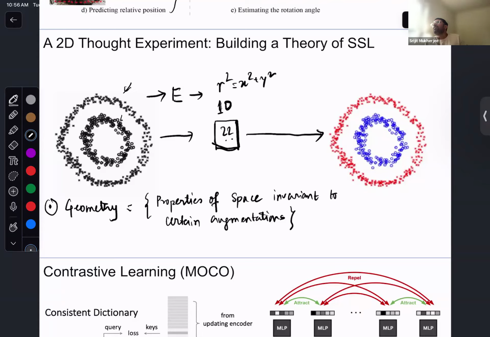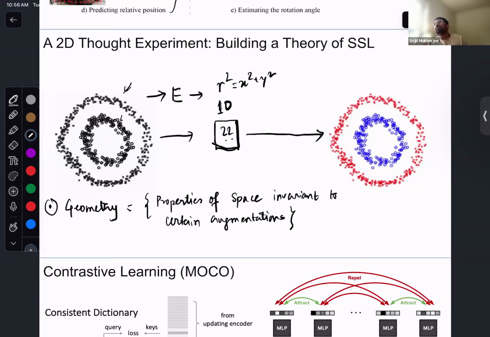For example, the 2D space is invariant to the distance, the distance doesn't change like that. Okay. For example, if you rotate the 2D space, the 2D space will remain 2D space. The distance doesn't change.